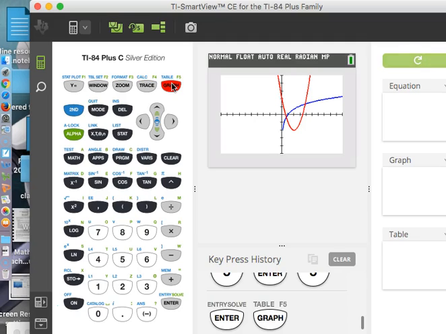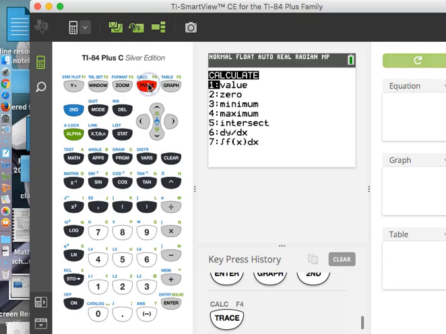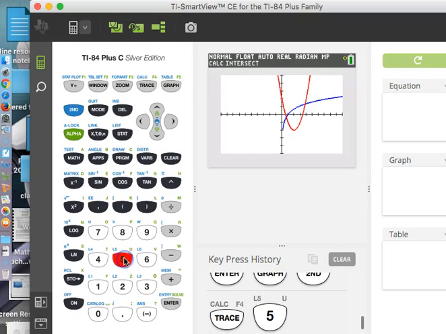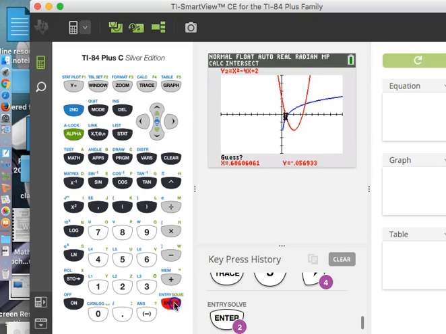Been a while since we did this. How do we get Blinky to pop up and tell us what we need? Second trace. Which one are we looking at? 5. 5, good. I'm just going to move Blinky a little bit closer to that first intersection to make sure he knows that's the one I want. So that would be the first one that we write down, right there.